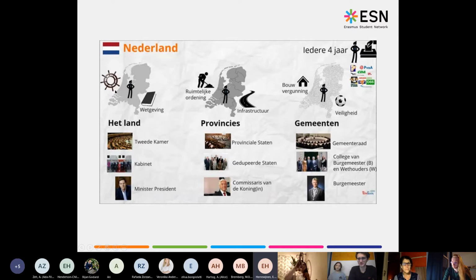The ministers and states secretary together form the cabinet. And they come up with plans for the country. But they cannot just carry out the plans. First, the parliament and senate must agree to it. And the parliament is elected by the citizens. And the senate is selected by the provinciale staten. And once the laws are approved, the ministers take care of the implementation of it.